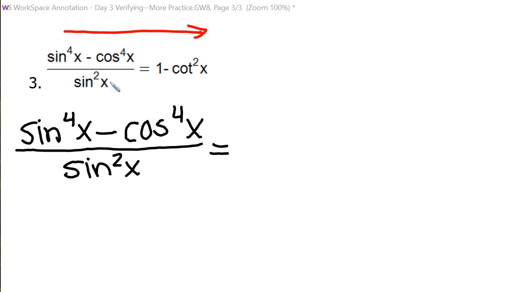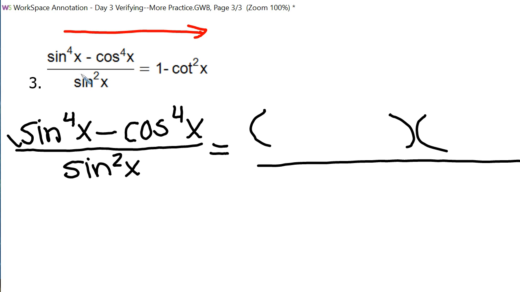So if you notice that your trig function is higher than degree of 2, or even if it's degree of 2, look to see if it factors. Sine to the 4th power of x minus cosine to the 4th power of x, what is that called? Difference of squares. So for a difference of squares, you choose two parentheses, and when I square root this, what's the square root of sine to the 4th power of x?